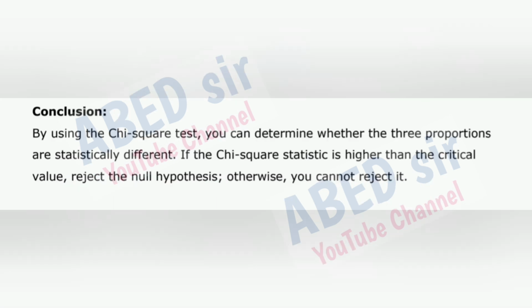Conclusion. By using the chi-square test, you can determine whether the 3 proportions are statistically different. If the chi-square statistic is higher than the critical value, reject the null hypothesis, otherwise, you cannot reject it.